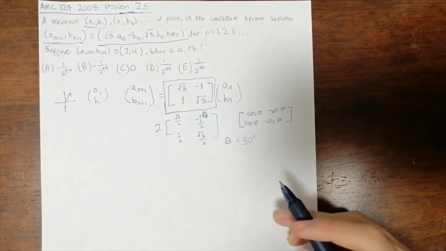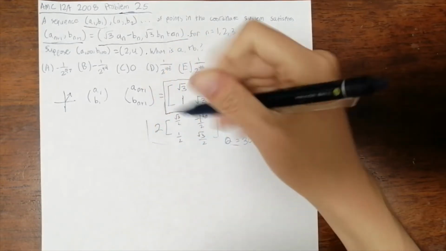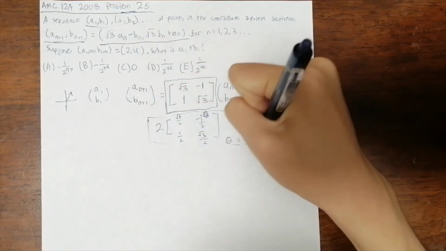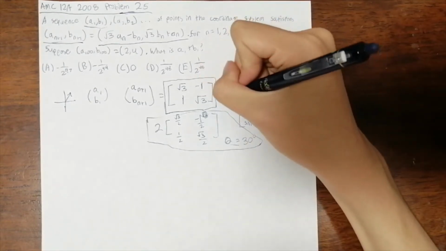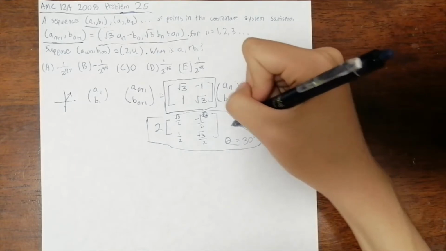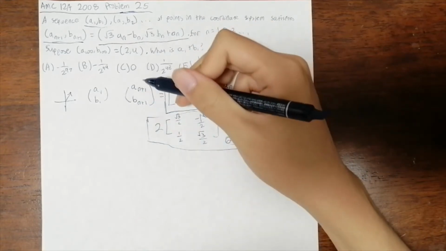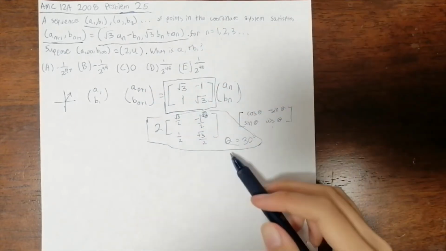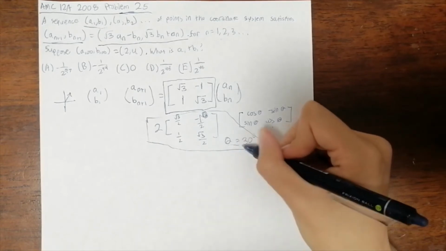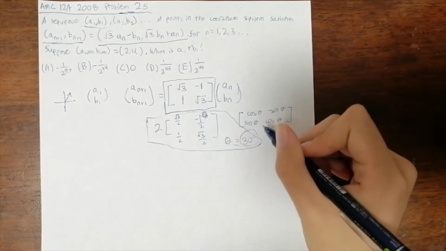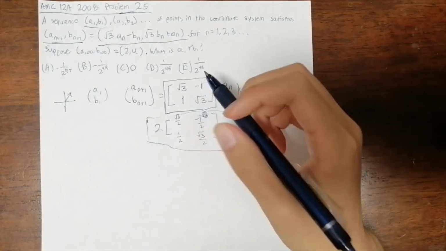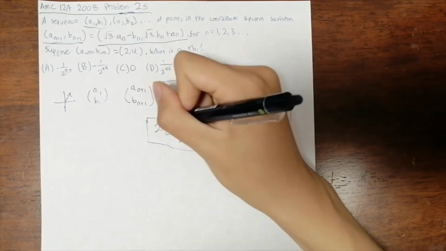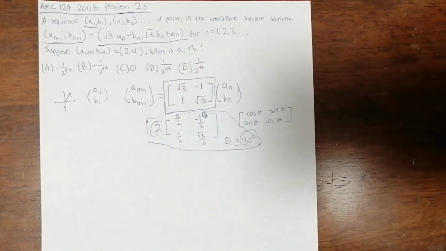Okay, so what does this entire thing mean? Basically we're multiplying the preceding term by this to get to the next term. What we're doing is rotating it by 30 degrees counterclockwise each time, and multiplying the magnitude, also known as the norm, by a factor of 2.